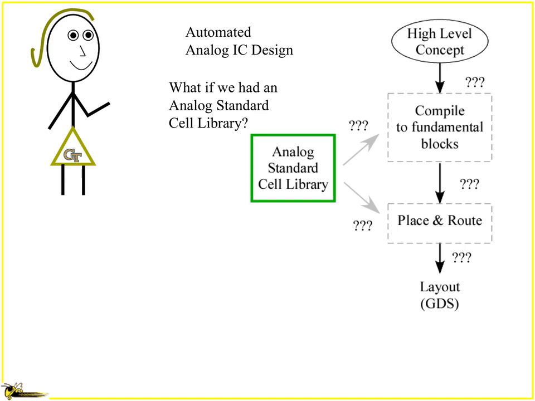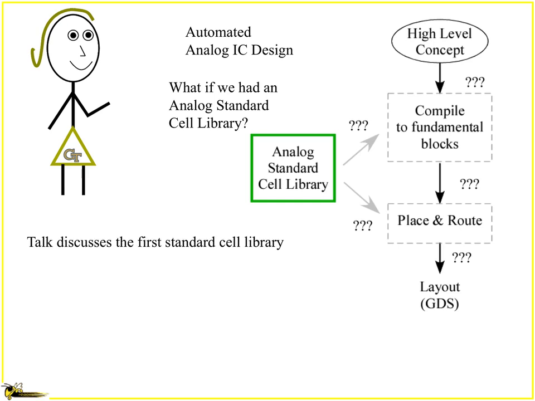Because at that point you think, at least I have some part of a library, and maybe I'm not quite sure how all the pieces play out, but I could start imagining finding some ways to start compiling to fundamental blocks, and I could imagine finding some place and route structures and putting all this together. And once I can imagine getting that first level of abstraction right, I might be able to get the rest of the synthesis path to work.